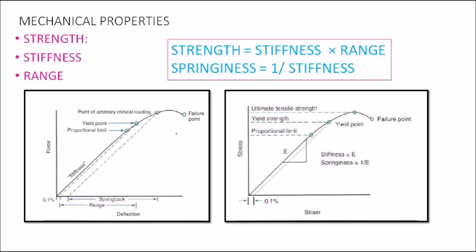Spring back is again noted on your x-axis, and clinically useful spring back occurs if the wire is deflected beyond the yield point, as denoted by the point of arbitrary clinical loading. Here the wire is getting deflected, but it no longer returns to its original shape. Now the failure point is where the wire breaks.